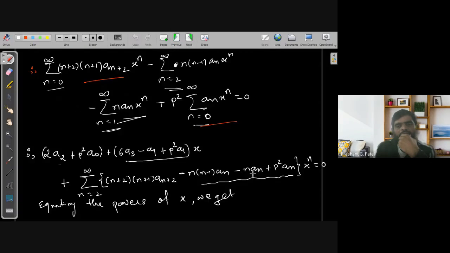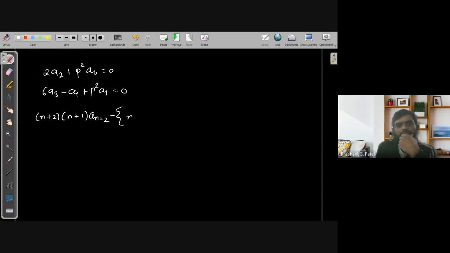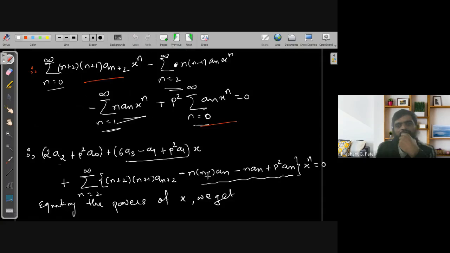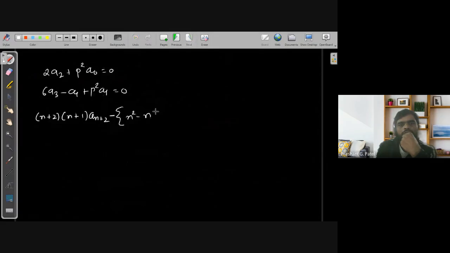You can take this minus out. Inside the bracket you will have n square minus n, because this is n into n minus 1, n square minus n, and if you take the minus out, this will become plus. So plus n minus p square into an equal to 0.